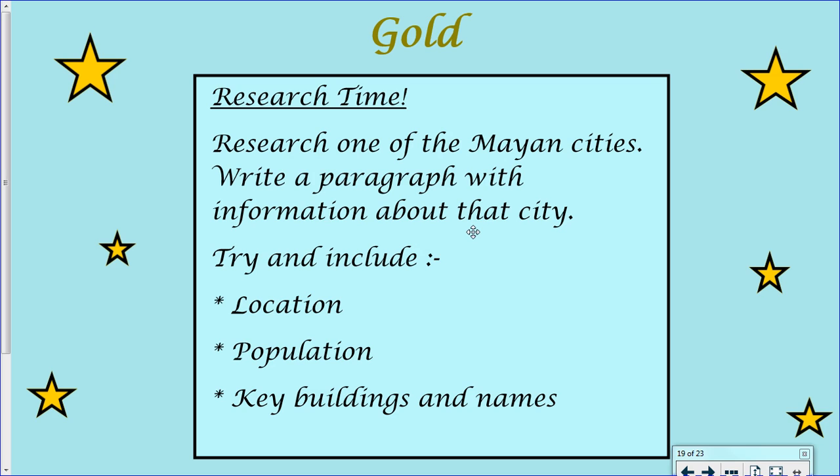In your paragraph, what I would like you to definitely try and include is the location of that city that you've chosen, the population of the Maya at the time, and their key buildings and their names. So for example, how we talked about at Chichen Itza, the big temple is known as El Castillo. Okay, if there's any other information that you find and want to include, that's brilliant.